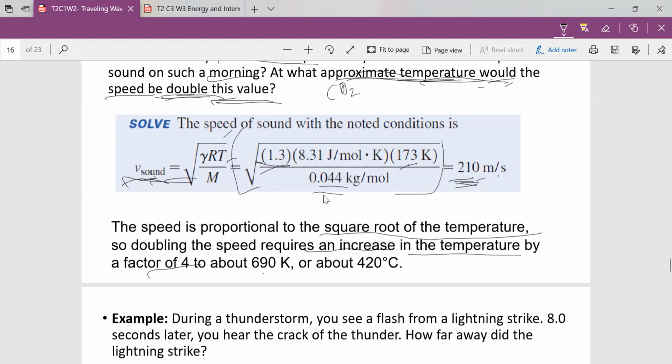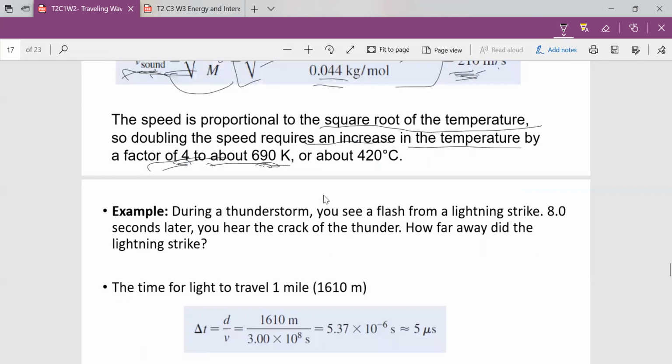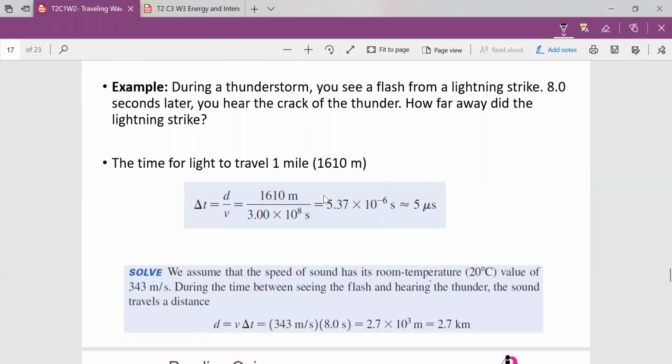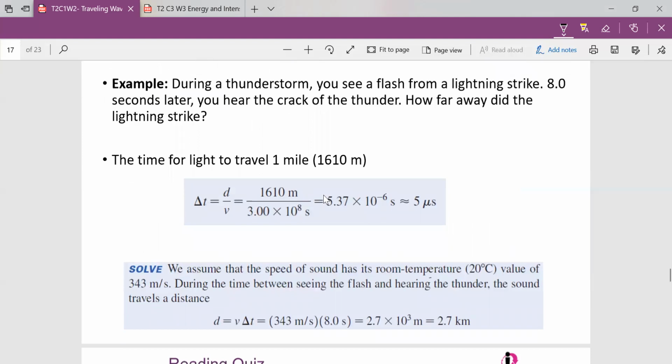To double it will give you a factor of 4. So increasing by a factor of 4 will give about 690 Kelvin or 420 degrees Celsius. Simply by looking at the formula and the square root relationship with temperature, we're able to specify that we need a factor of 4 to double the speed as required.